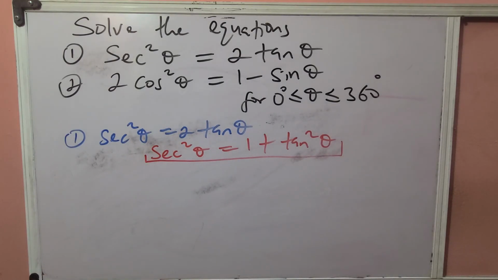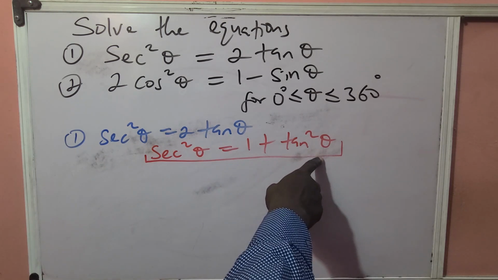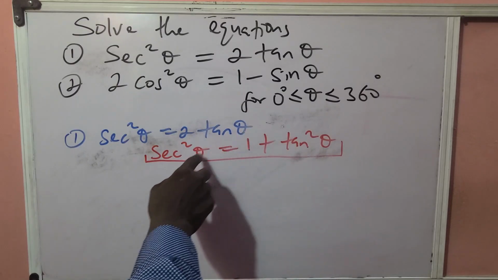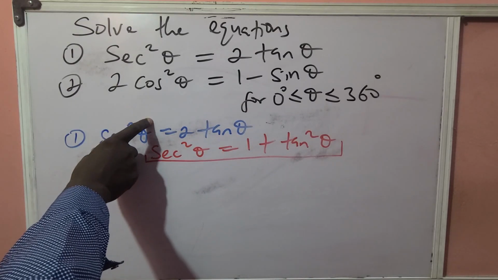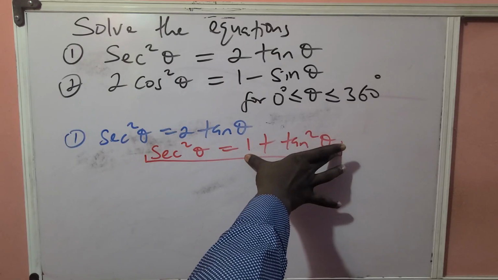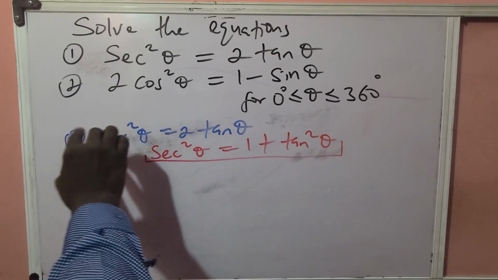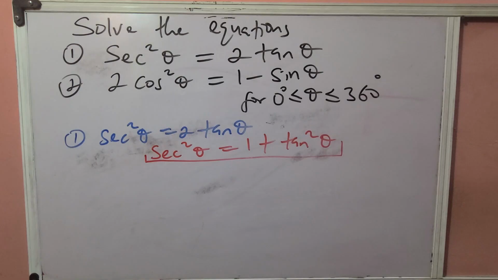Now, this sec square theta equals to 1 plus tan square theta gives me the opportunity to change wherever I saw sec square theta into this particular value. That way, I will then have just tan theta being featured rather than just having two different trig functions.